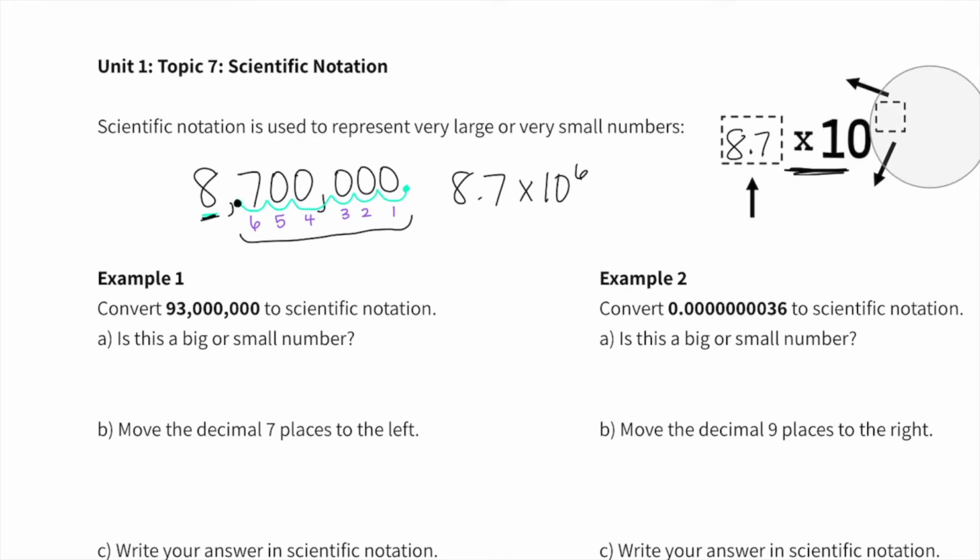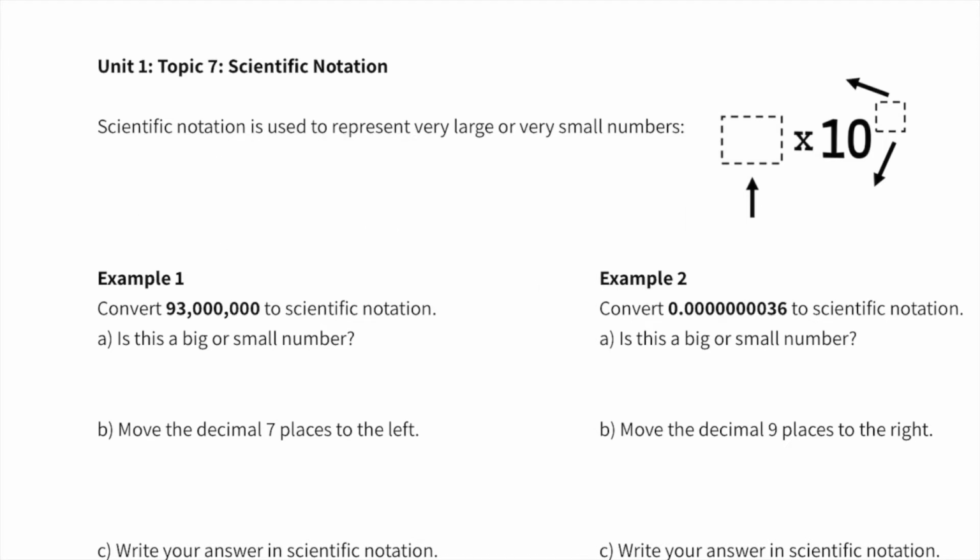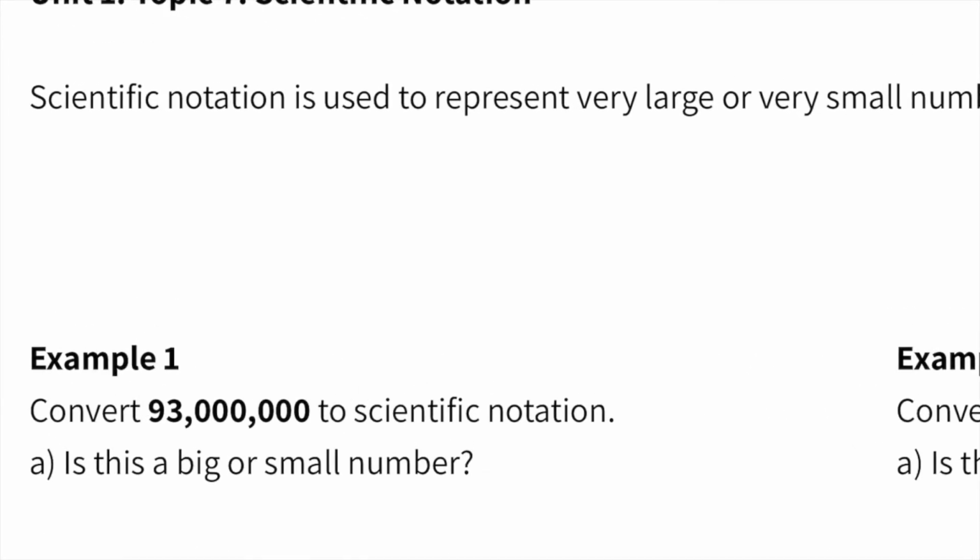Now we're going to give an example of a very small number. So let's say we have 0.000. This is a very small number. It is less than 1, so it's a fractional number, but we have it written as a decimal.